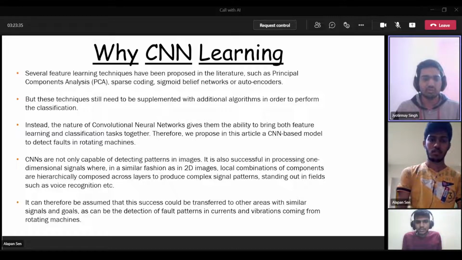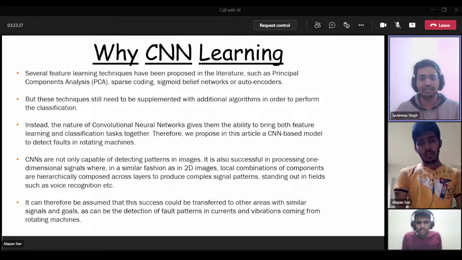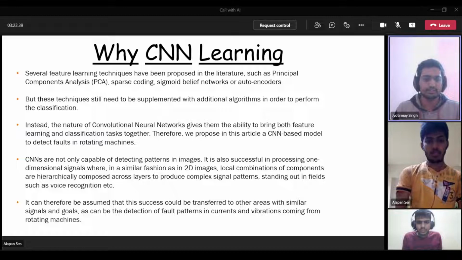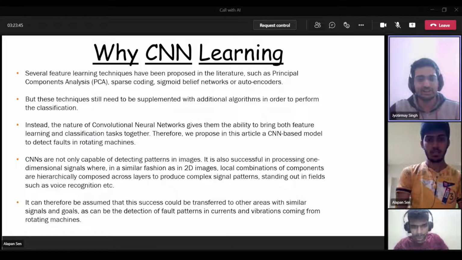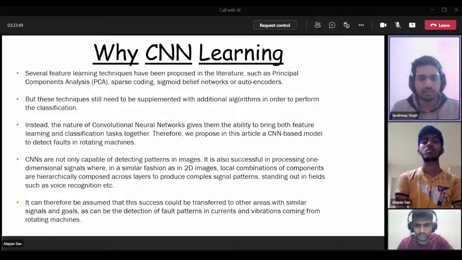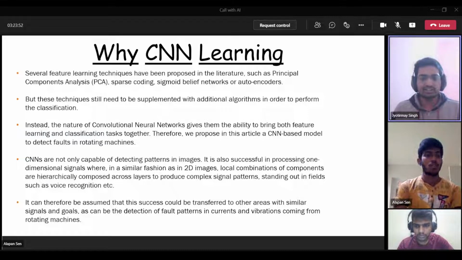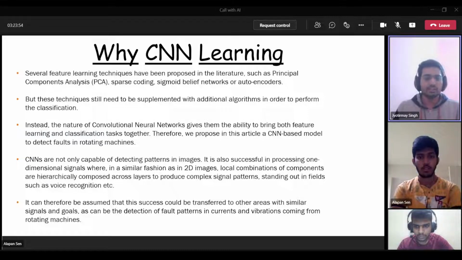CNN can replace them. The nature of CNNs gives them the ability to bring both feature learning and classification tasks together, which was not possible with PCA, sparse coding, sigmoid belief networks, or autoencoders. Therefore, we propose in this article a CNN-based model to detect faults in rotating machines, I mean in the bearings.